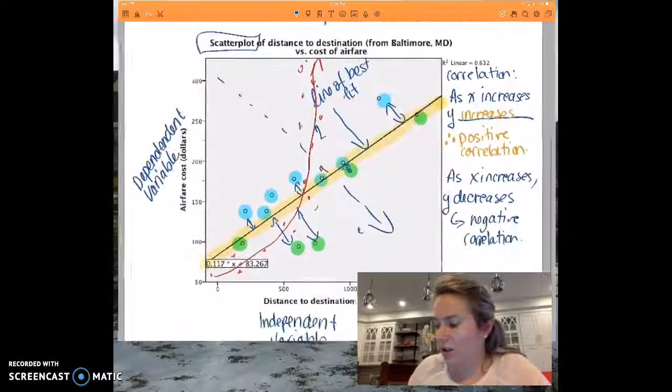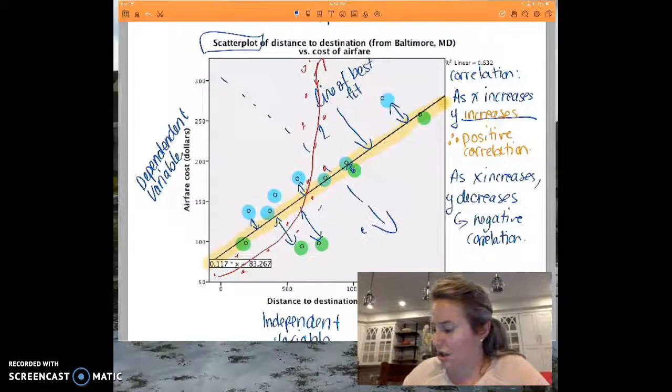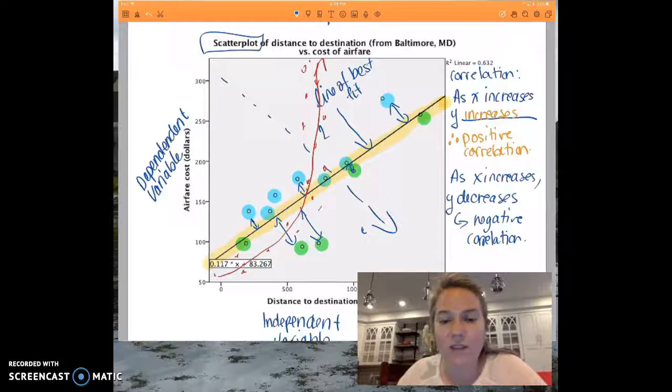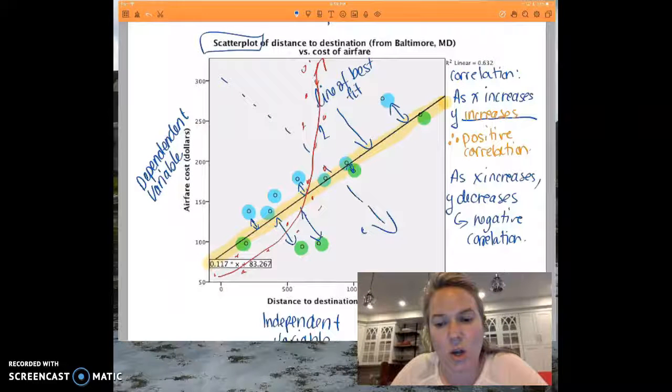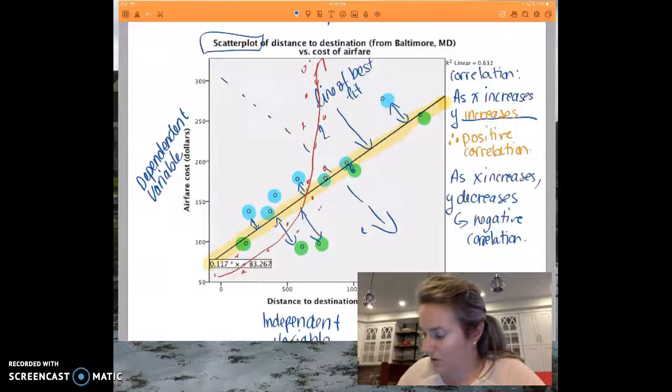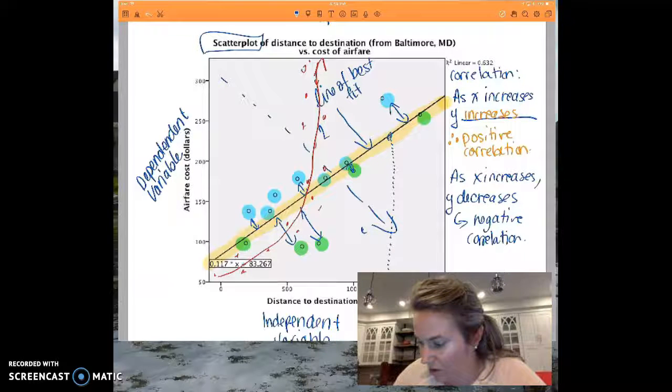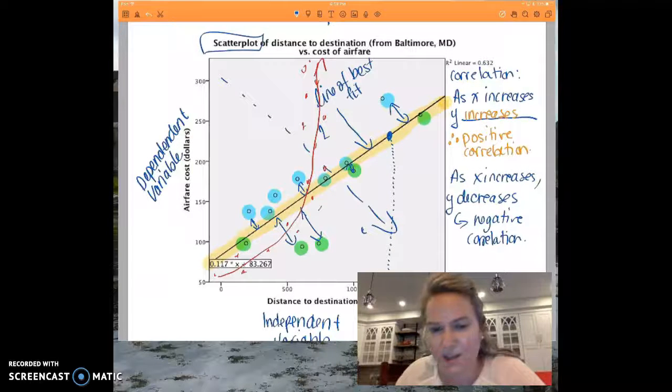So if we look here, there's nothing measured at 1,250 miles. So if I say right here is 1,250 miles, and I want to know approximately how much a trip that's 1,250 miles is going to cost, I would say, oh, there's 1,250 miles. I'm going to go up to the actual line. That's my line of best fit.